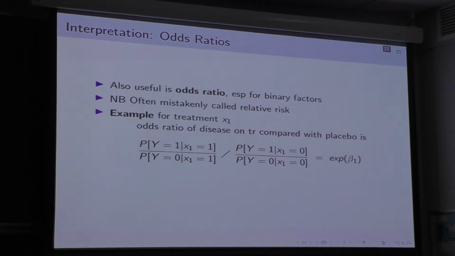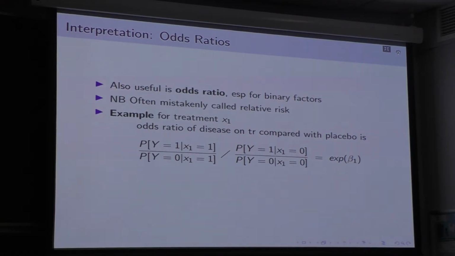So we've got two binary factors going on here. So here we've got the ratio with the dividing line. So this is the odds ratio of disease when you are on treatment. So it's the odds ratio of disease because it's comparing that your y value is 1, you've got the disease, to your y value being 0, okay, 1 minus that.